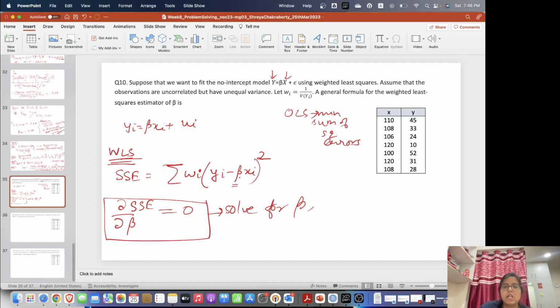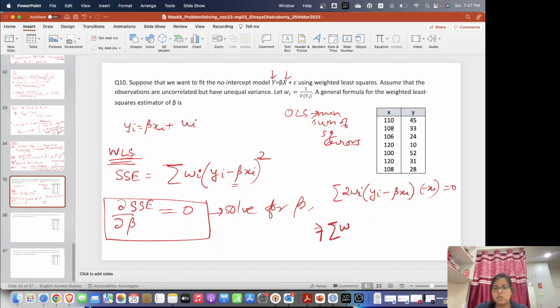So if we differentiate with respect to beta, we get summation 2 wi (yi minus beta xi) into minus xi, and we have to equate this to 0. The 2 cancels, and the minus also goes away.